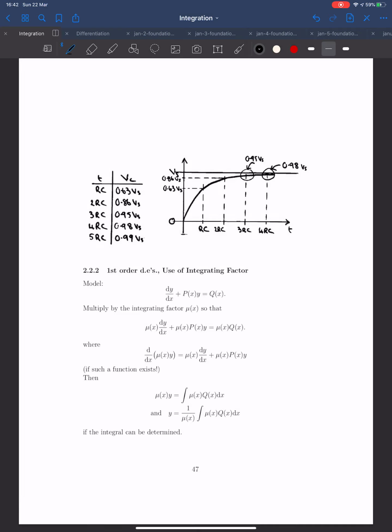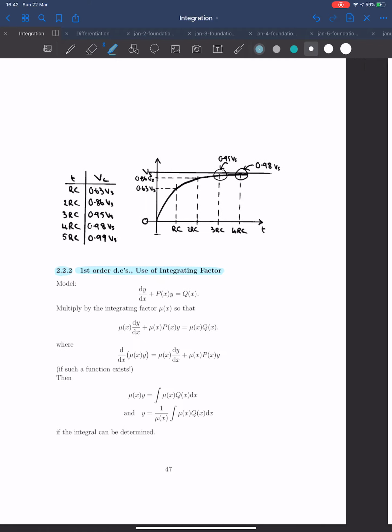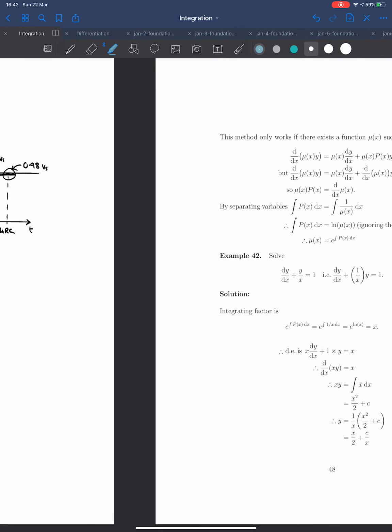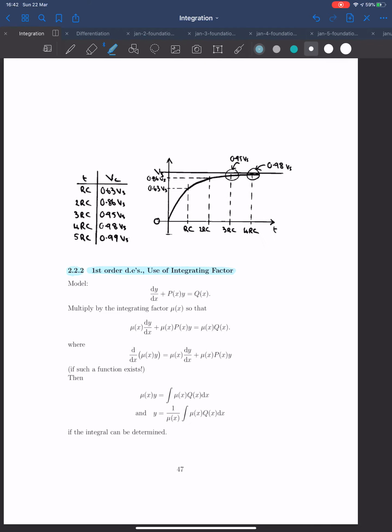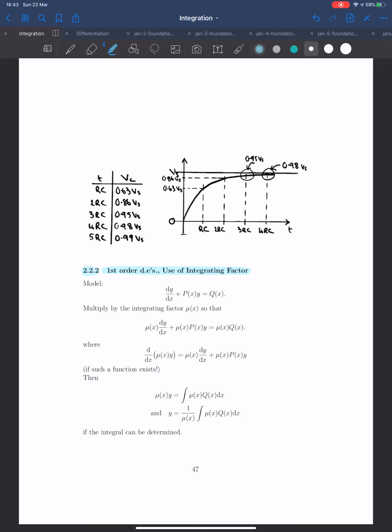Right. Okay, this next method: use of integrating factor. Okay, first order DEs. Right, so you don't need to learn this first bit, but let's just talk it through.